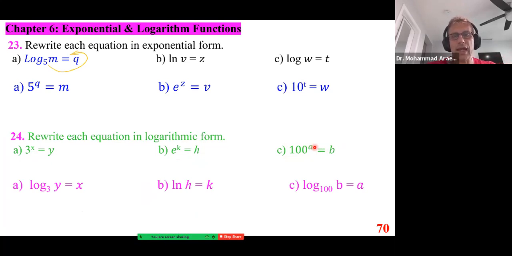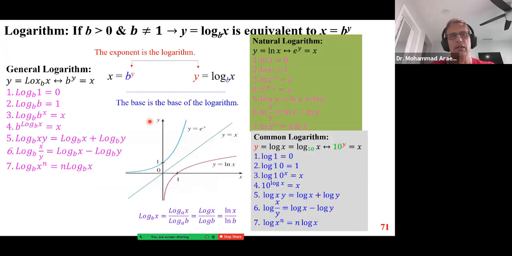So why is that? Let's look at why this is the case. I want to remind you of what we have learned as far as logs are concerned.